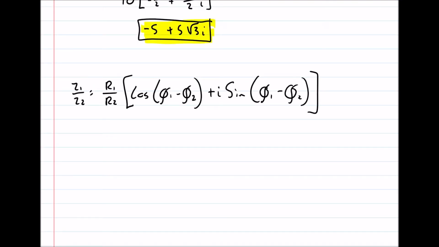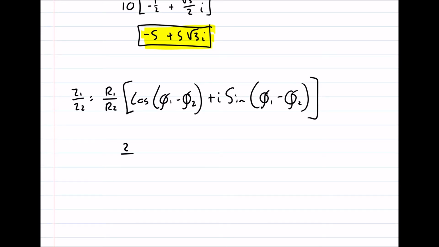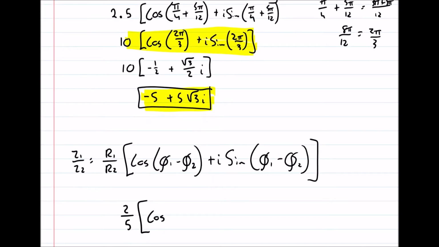So we have the radius of Z1, which is 2, over the radius of Z2, which is 5, cos of pi over 4 minus 5 pi over 12 plus I sine of pi over 4 minus 5 pi over 12.